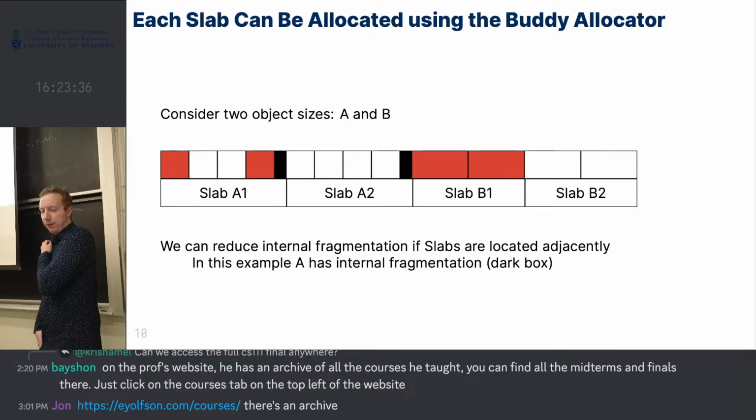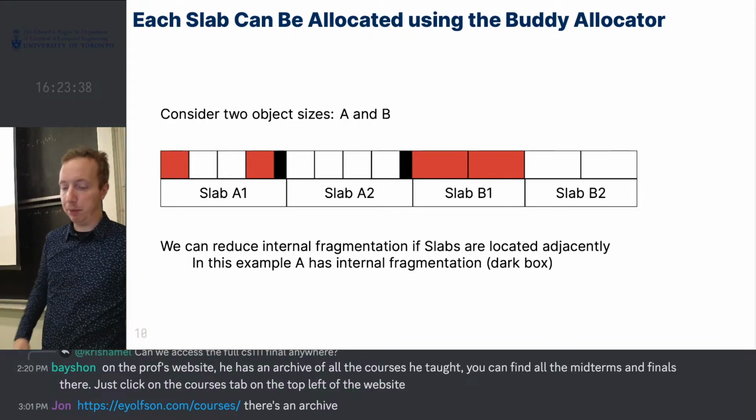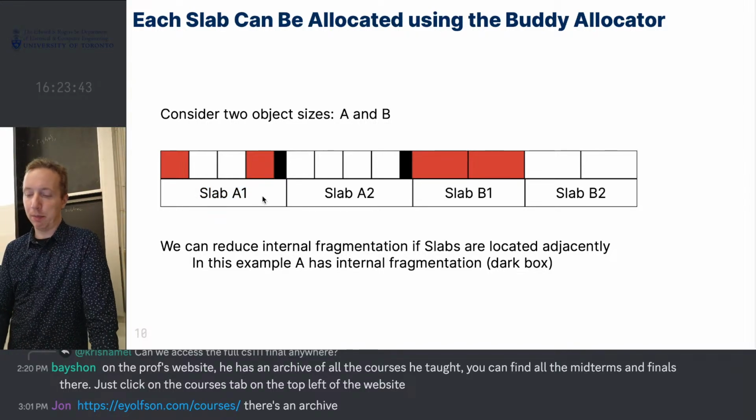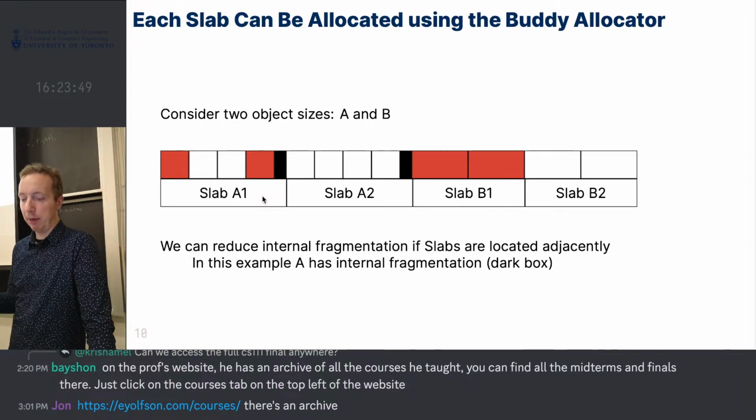So if I have two object sizes, A and B, what I might do is get slab A1 from the buddy allocator, and put four objects of type A there. Then I ran out, so I need to ask the buddy allocator for more memory.